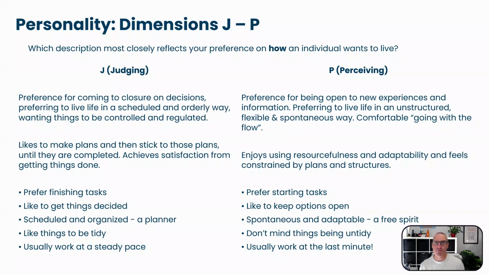The final scale looks at a preference of how you would like to live. From the judging side of the scale, you're looking at being very scheduled, orderly and regulated, making and sticking to plans, and then the perceiving side. So you would like to start tasks, keep your options open, and feel less constrained.